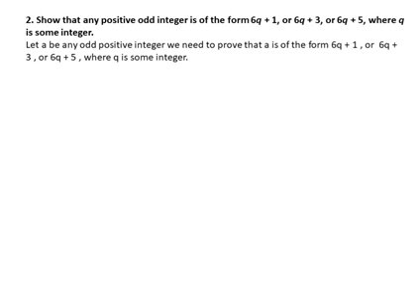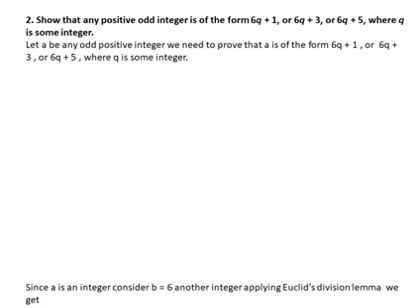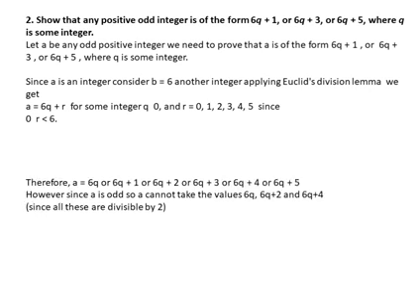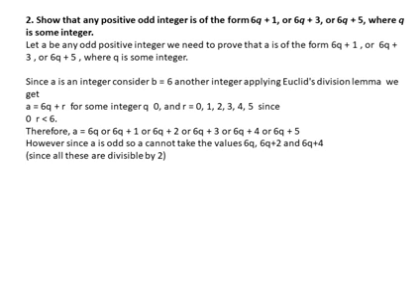When a number is divided by 6, what about our remainder? The remainder should be 0, 1, 2, 3, 4 or 5. Totally 6 cases are there. If I substitute the remainder for the r, you will get 6q or 6q plus 1 or 6q plus 2 or 6q plus 3 or 6q plus 4 or 6q plus 5.